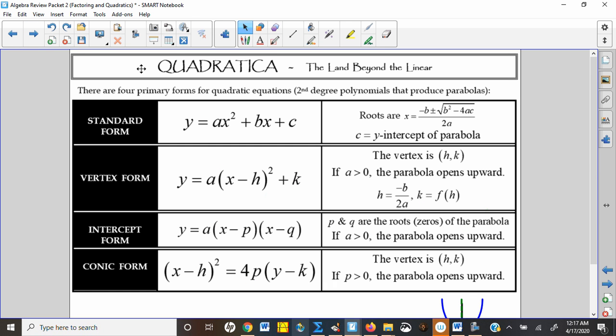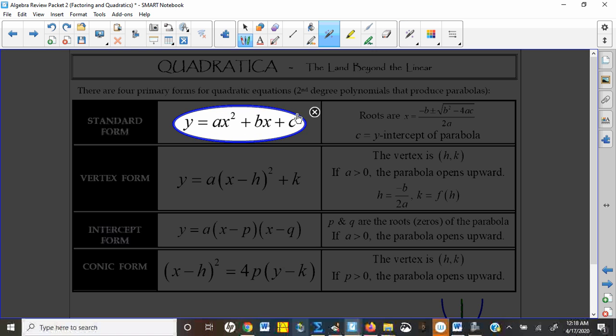All right. These are the 4 primary forms that you'll see quadratic equations in. I guess there's one more that I can show you at the bottom, but here's what we got. This is the one that you really should know by heart. This is the one you're going to see the most often, and it's just called standard form, ax squared plus bx plus c.